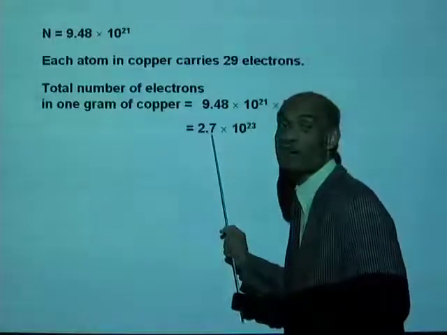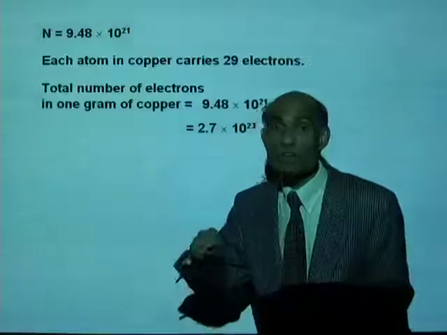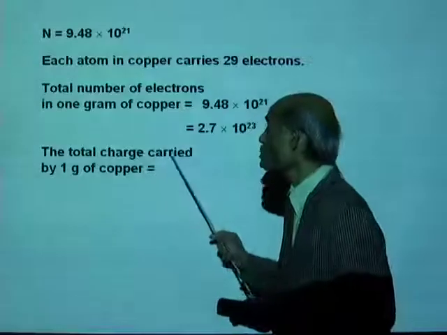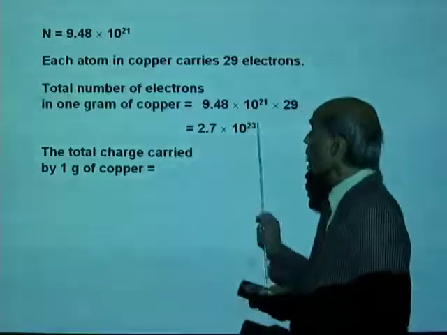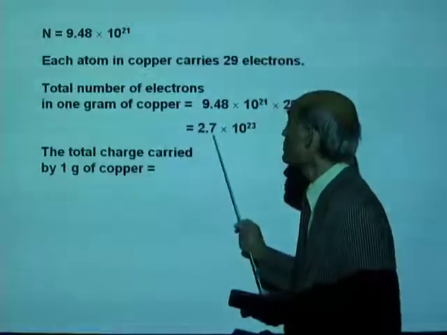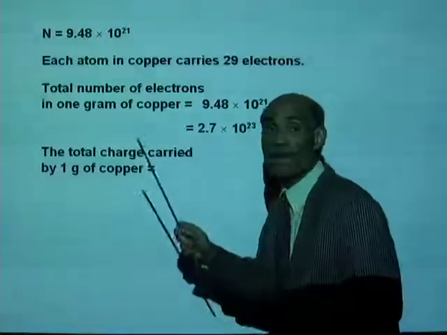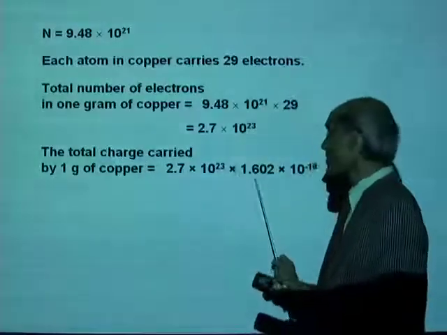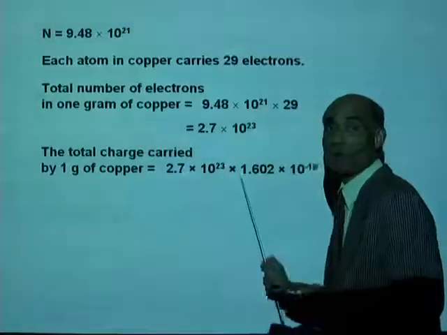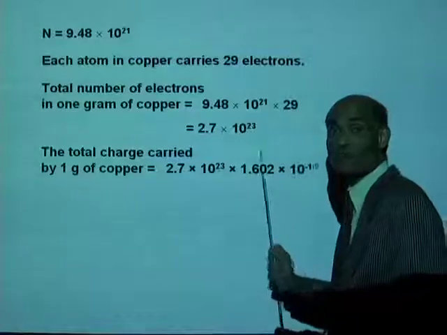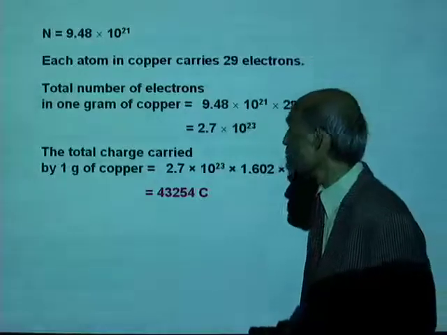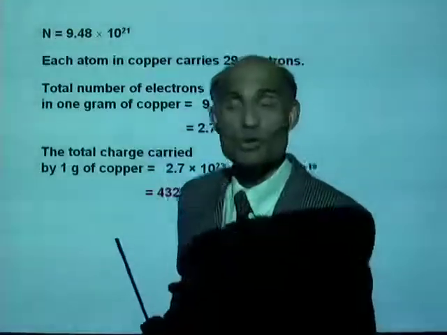Alright, and now you know each electron carries the basic unit of electric charge. Therefore, the total charge carried by all these electrons contained in 1 gram of copper will be the number of electrons multiplied by the charge carried by 1 electron, and that is 43,254 coulombs.